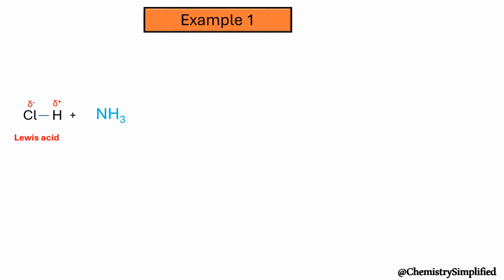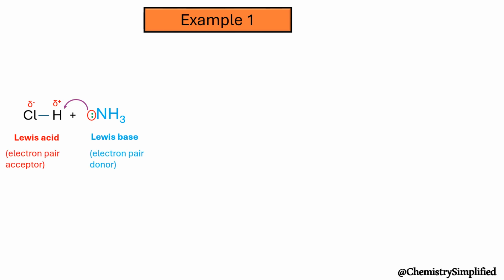If we were to combine that with ammonia, NH3, that would be a Lewis base. Why is it a Lewis base? Because it has an unshared pair of electrons that it can give away, this pair of electrons here.